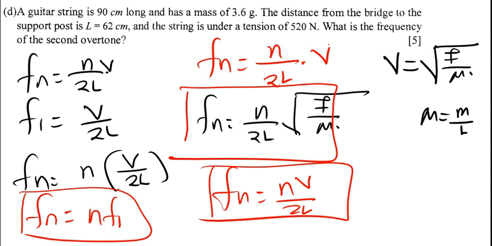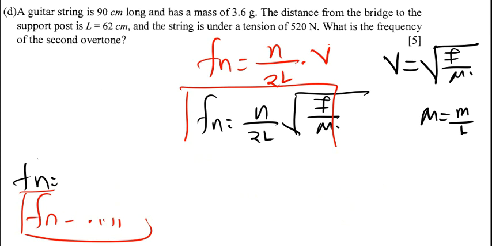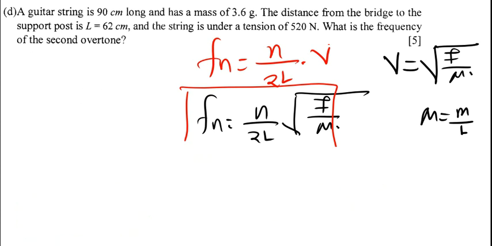So let's go ahead and find the answers. Let's plug in the values, but first let's find the linear density. Linear density is given by the mass. The mass in this case is 3.6 grams, which I'm going to divide by 1000 to get 0.0036 kilograms.